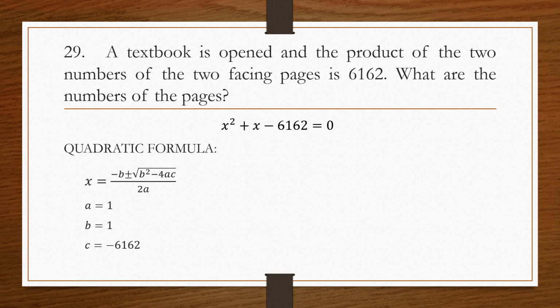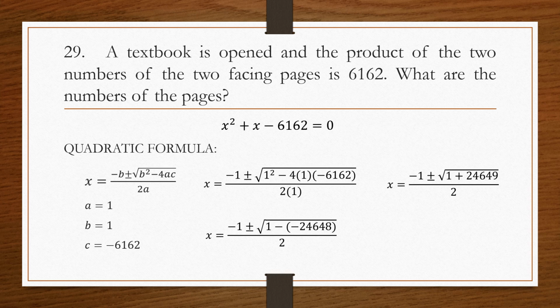So there we can see that a is equal to 1, b equals 1, c is equal to negative 6,162. Now let us substitute the values to the formula. We have x equals negative 1 plus minus the square root of 1 squared minus 4 times 1 times negative 6,162 divided by 2 times 1.